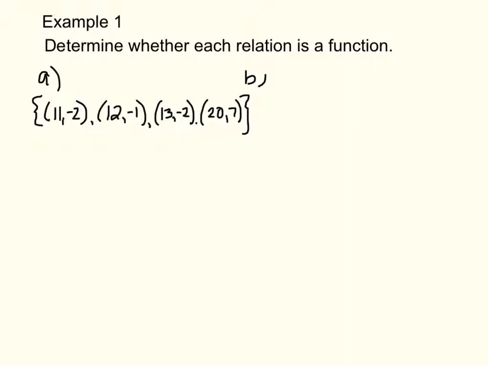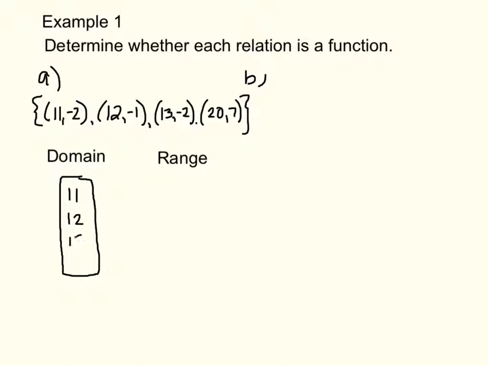So in example A, you can see there's a relation between those 4 ordered pairs. A mapping diagram is when you write your domain and range. And then we're going to list them in order. So usually you put them in like a little box-shaped thing. So 11, 12, 13, and 20.